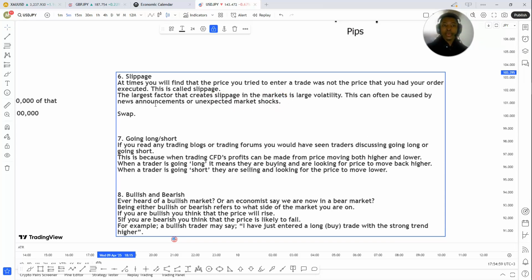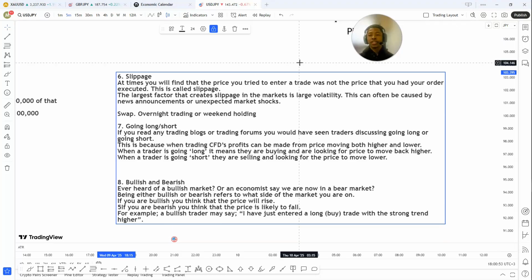Swap is caused by overnight trading or weekend holding. When you hold a trade, because you are trading a leveraged account, basically when you open a position, right, it is like you are borrowing money.